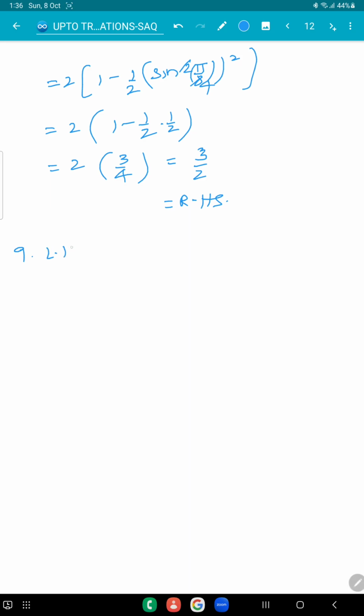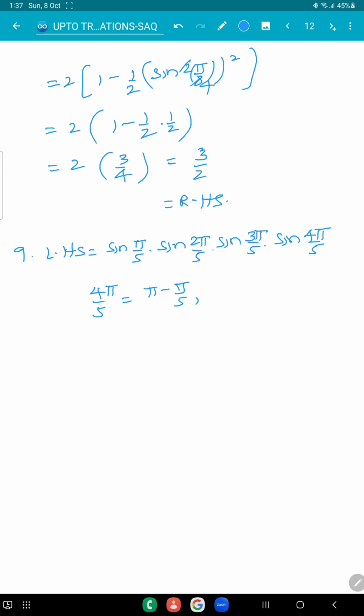Next question, 9th one. Let us consider LHS. LHS is given as sin pi by 5, sin 2 pi by 5, sin 3 pi by 5, sin 4 pi by 5. Let us observe that 4 pi by 5 is nothing but pi minus pi by 5, and 3 pi by 5 is nothing but pi minus 2 pi by 5.